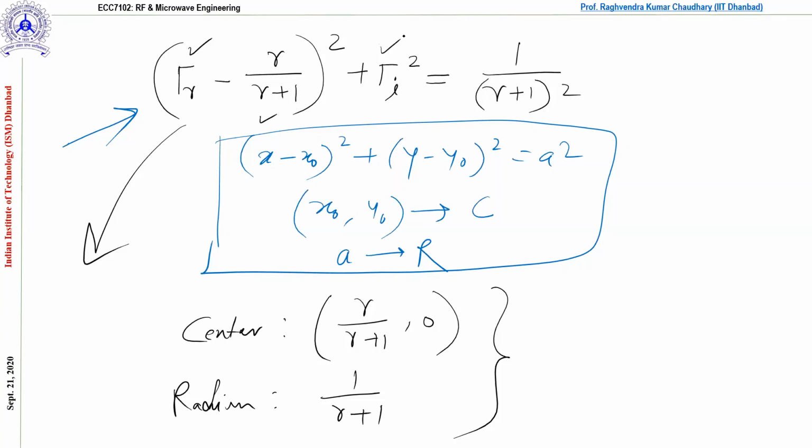This is gamma r and this is gamma I. So what you can claim here is that all circles lie on the real gamma axis only, because gamma I is 0 here. Now we can recall some special cases, analyze them, and finally try to draw these things over the reflection plane.